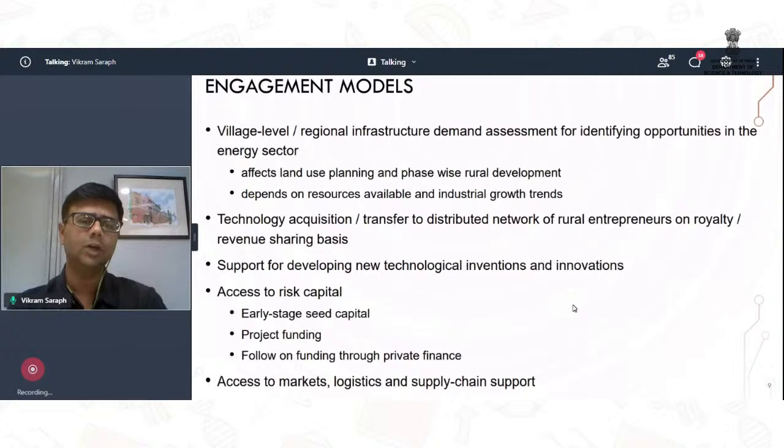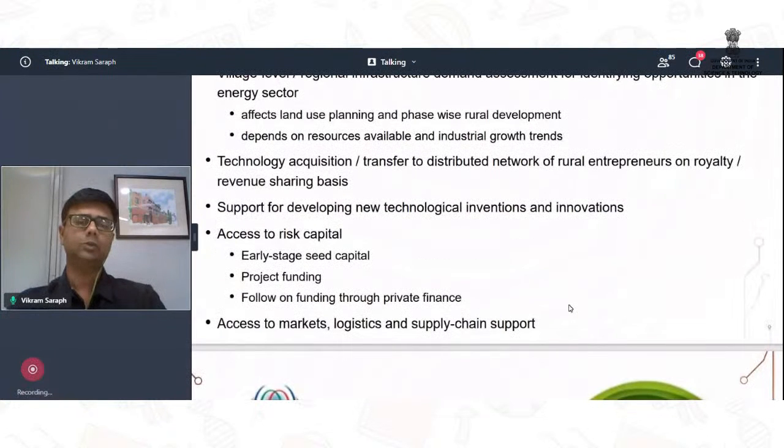We also ourselves support the development of such technologies. We have early stage seed capital, project funding, and prototype funding that we provide through several government funded schemes, and even DST funded programs.